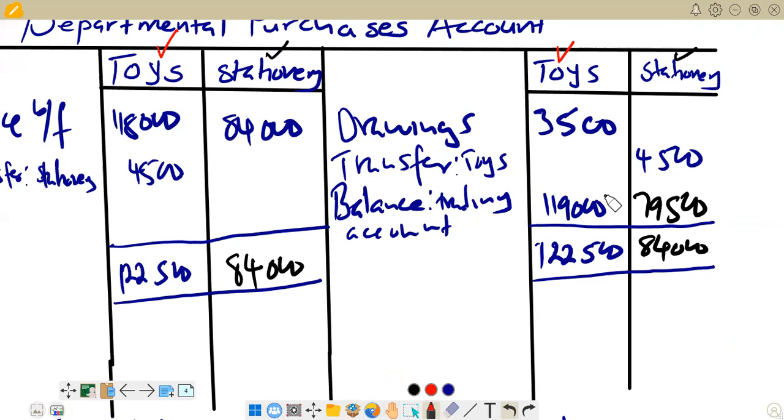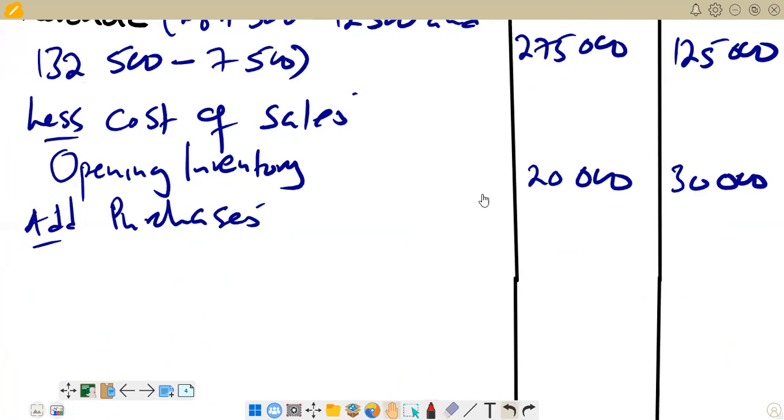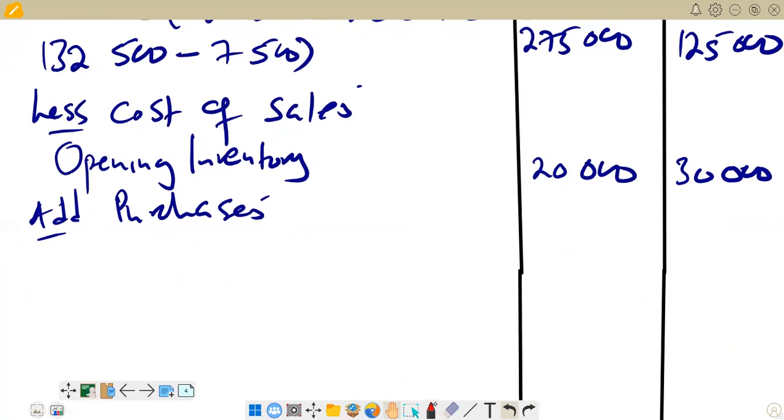So we have got 119 for toys, 79,500 for stationery. So these are the figures that we are going to use there. So we come here. We are now seeing the purchases and the figure for purchases that we have there. We have got 119,000 for toys and 79,500 for stationery.